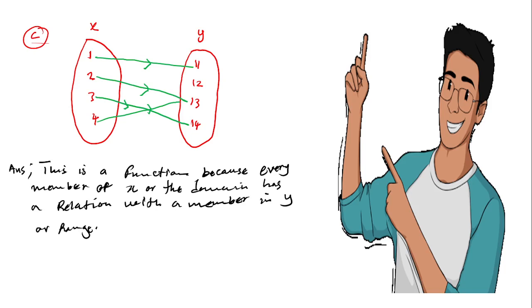D. So for D, let's say we have something like that one there and the other one there, of which as usual this is X, this is Y. Then we have 1, 2, 3, 4, and there we have 11, 12, 13 and 14. Here this is how our mapping will look.